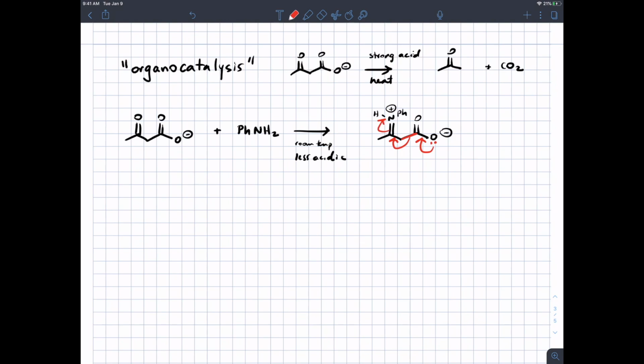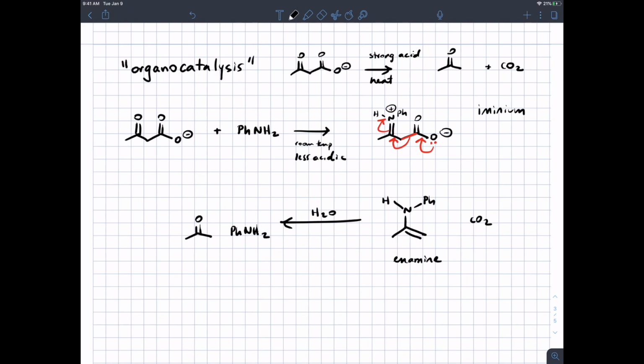Electrons move over here and then up onto the iminium nitrogen, which is now in the product neutral. And so you end up with CO2 and then this enamine, except I can't spell. And then you can hydrolyze the enamine with water to generate your ketone and then regenerate your catalyst. So this is iminium chemistry, and it's used a lot to activate electrophiles.